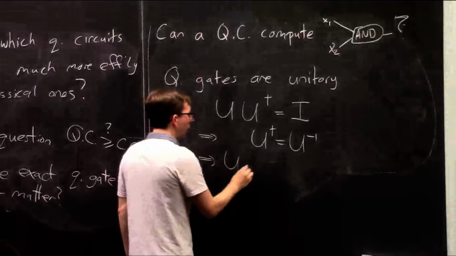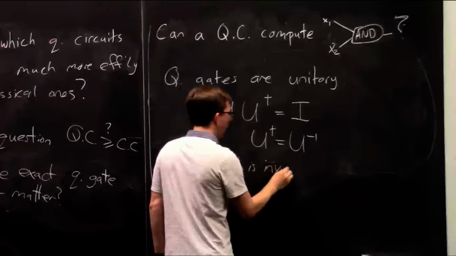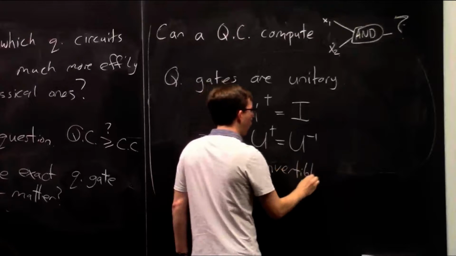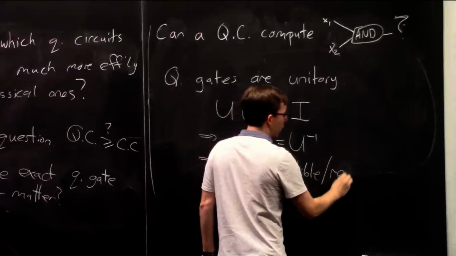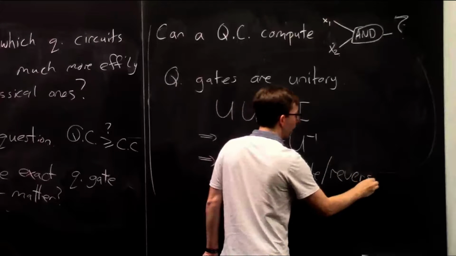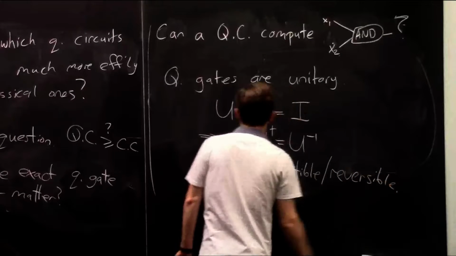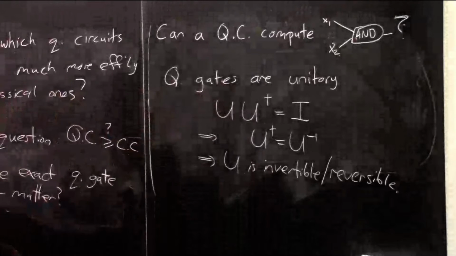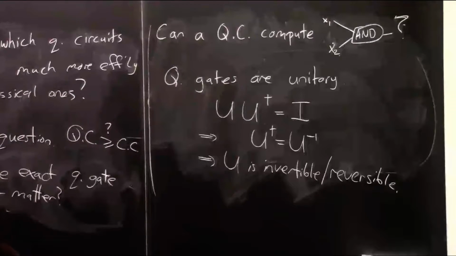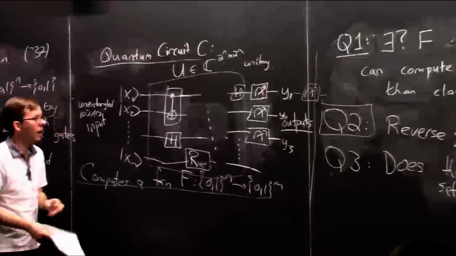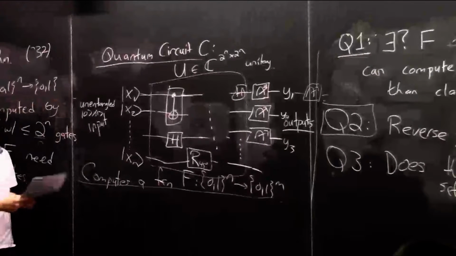So U is invertible. Or one might say, especially in today's lecture, reversible. So all these gates here have an inverse or can be reversed. In other words, if you know the exact state that came out, then you know the exact state that came in. Or you can infer the exact state that came in.